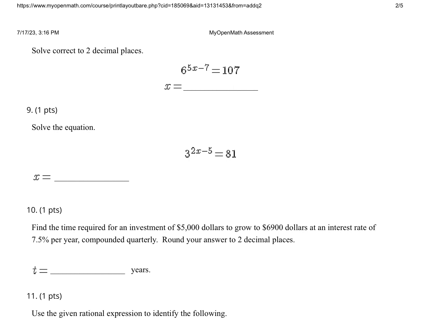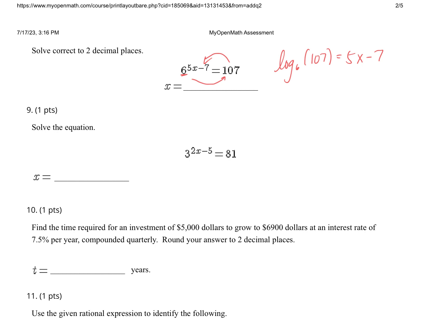We have our base of 6. We would use regular log, since we don't have an e, we could just use log. So we would have log base 6 of 107 is equal to 5x minus 7.